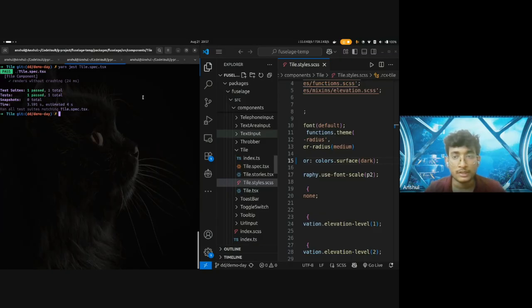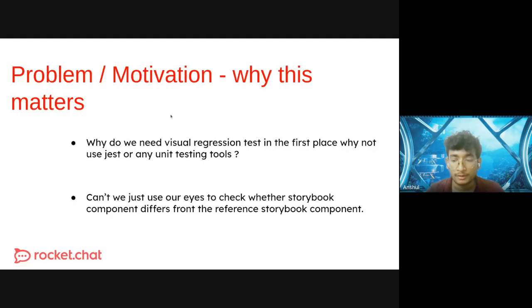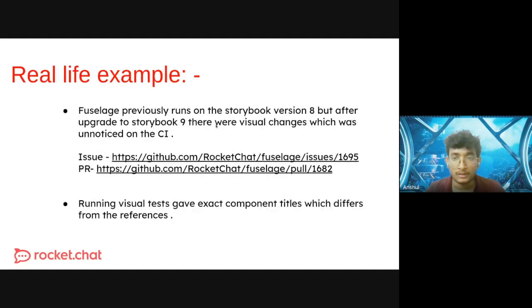There is also a real life example of why visual tests are important. Earlier, Fuselage used to run on Storybook version 8, but after the upgrade to Storybook 9, there were some visual changes which went unnoticed on the CI. The PR that brought those changes got ultimately merged, and the visual changes were undetected.